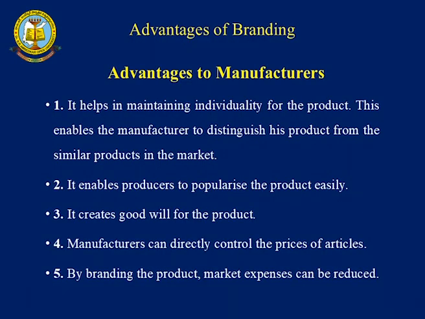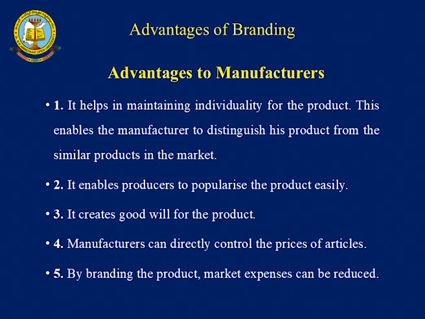So first, the advantage to the manufacturer is that it helps in maintaining individuality for the product. That is, it enables the manufacturer to distinguish the products from the similar products in the market. So in order to distinguish your product from one marketer to another, branding is used.